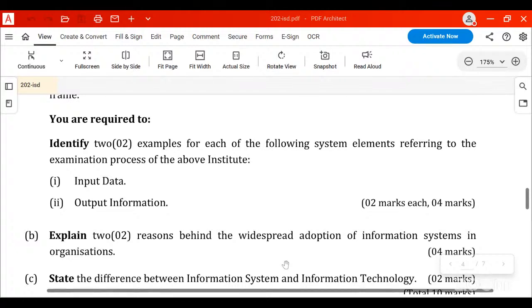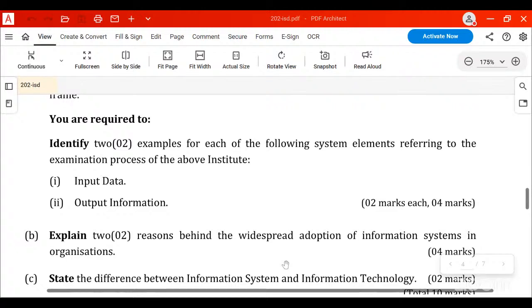Input data. We can say student registration details, student name, course, right? Student ID. These are inputs, right? And answer scripts, examination paper, submissions or scanned answer scripts, so those we can consider as inputs.